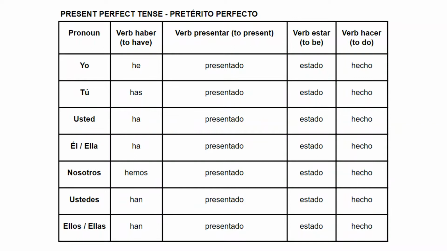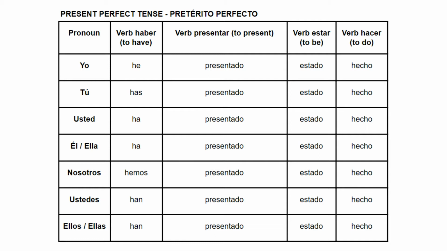But we have different endings for the past participle, which will be ado for AR verbs and ido for ER and IR verbs. Let's reuse the verb presentar, which means to present. So here we have the pronoun.